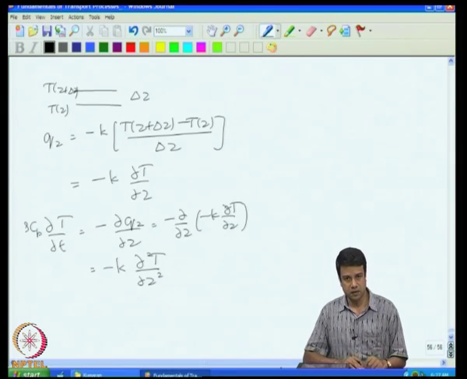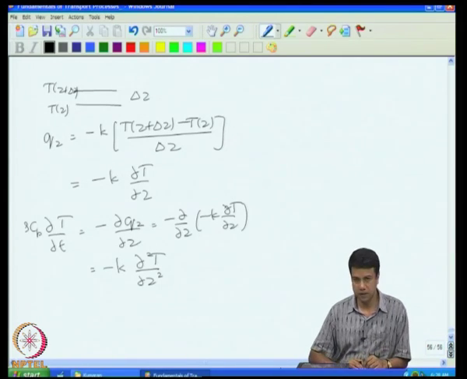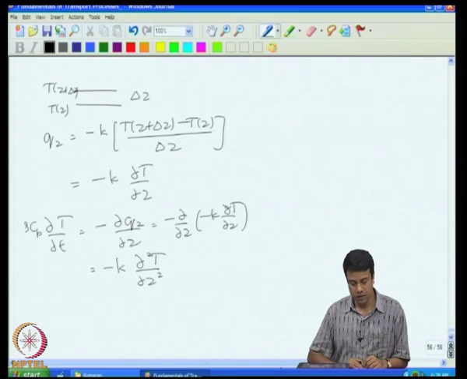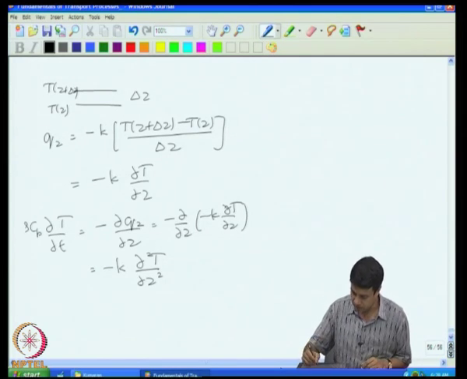Assuming here that the thermal conductivity is not a function of position. So, you have a material or a fluid with a constant thermal conductivity. I am sorry, there should be no negative sign here.